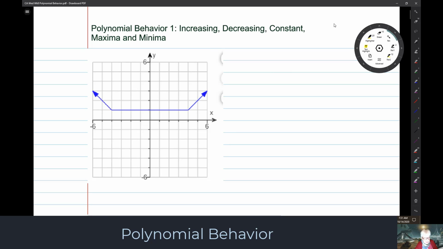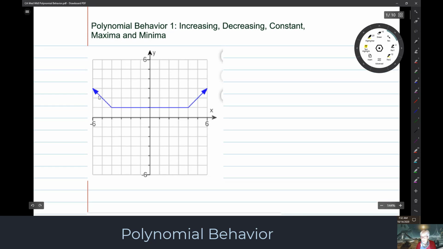So the hardest job for you, when we're talking about increasing, decreasing, and constant, is to not pay attention to the arrows.